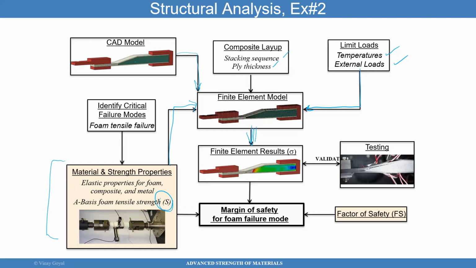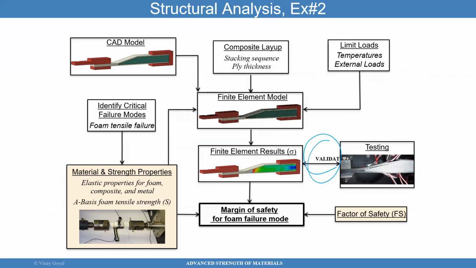I run my model with those temperatures and external loads. It produces a very high stress in this region that you can see, the gray region there. I can validate that against testing here. I want to make sure my model matches the test. We want to make sure it does a good job of explaining what happened in the test.